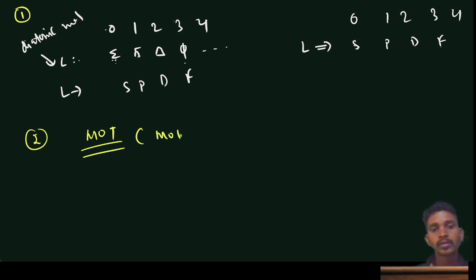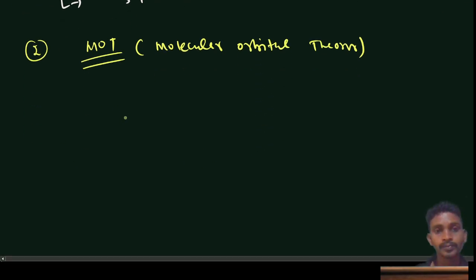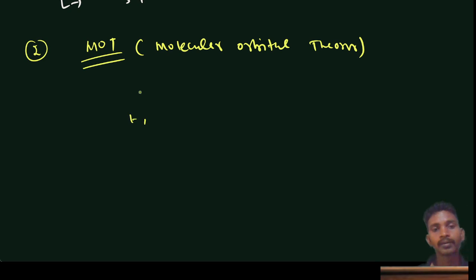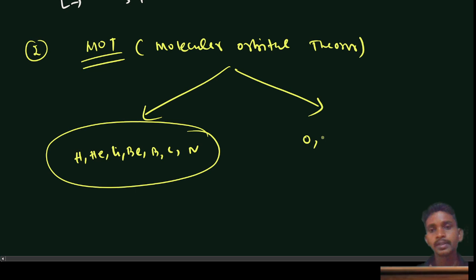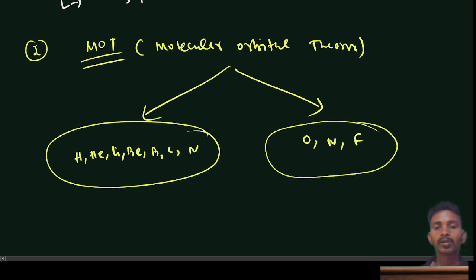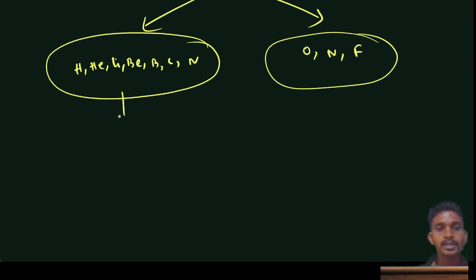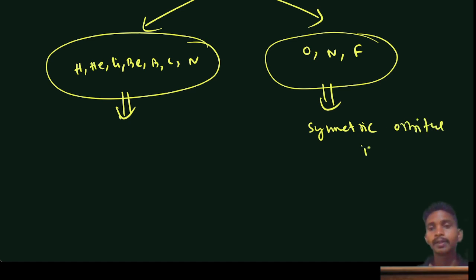That is the very basic thing. For hydrogen, helium, lithium, beryllium, boron, carbon, nitrogen, oxygen, and fluorine, for all these kinds of orbitals, here we will get symmetric orbitals. What do I mean by symmetric orbitals in MOT?